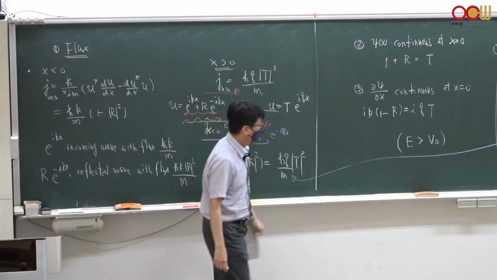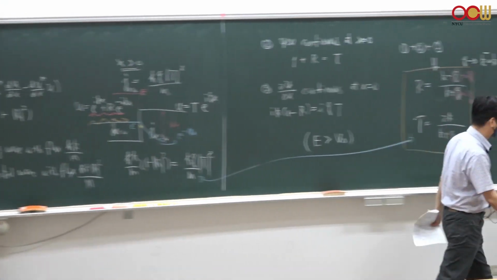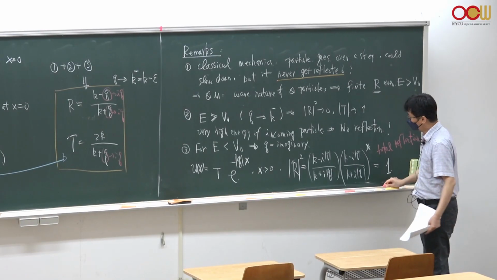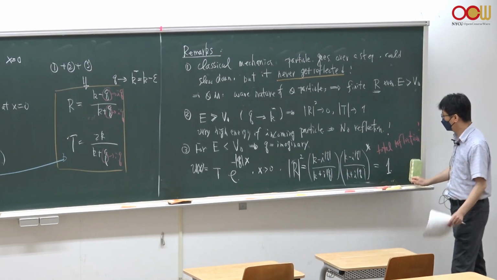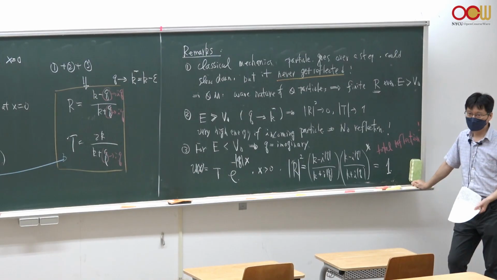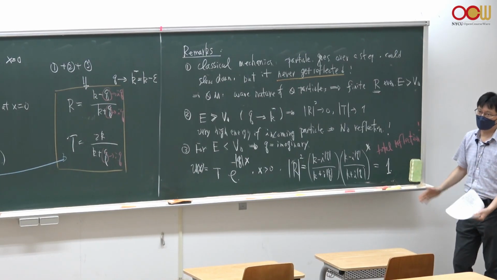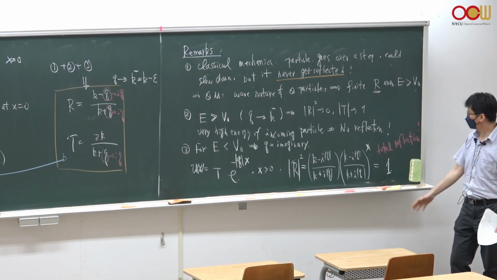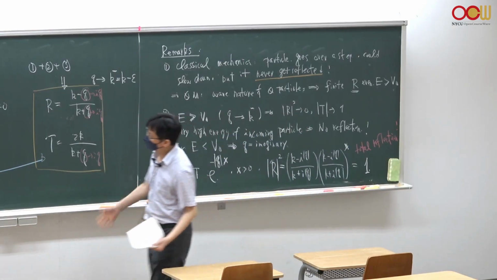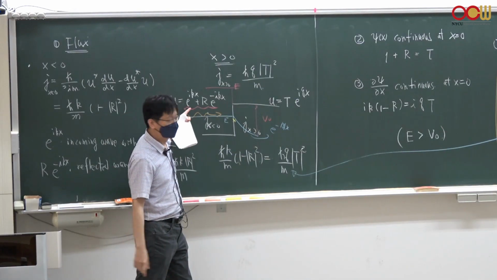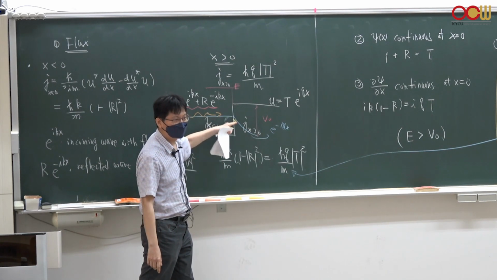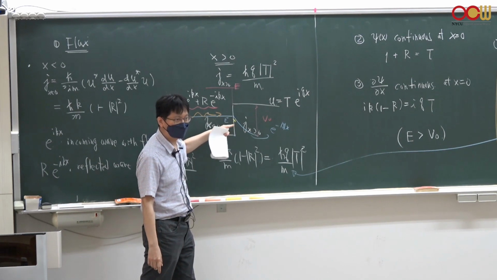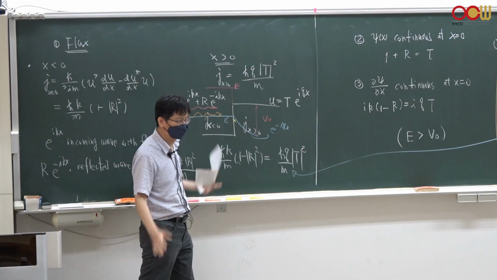However, you get the total reflection because the square magnitude of the reflection coefficient is 1, meaning the magnitude of the reflection coefficient is 1. You get a total reflection. If you get a total reflection, what happens to this wave function that leaked into the step? So what is going on?